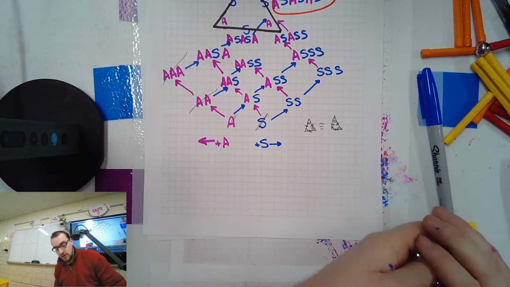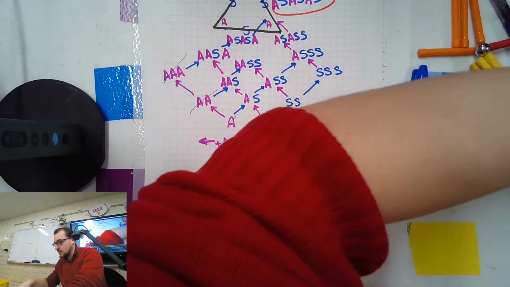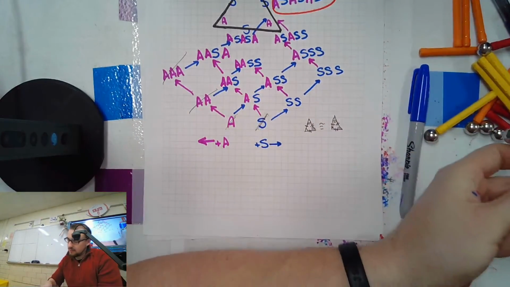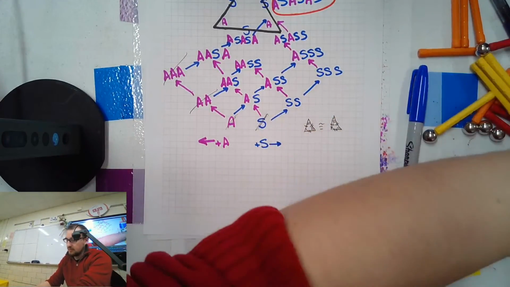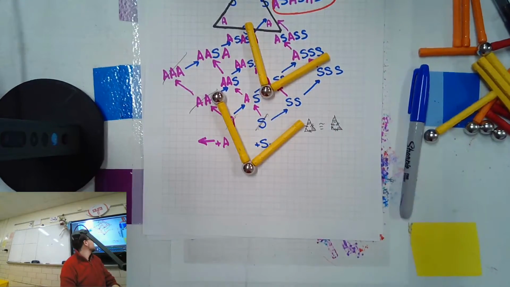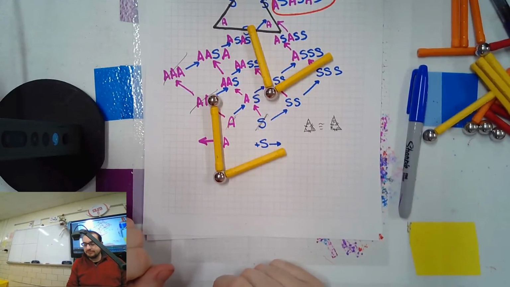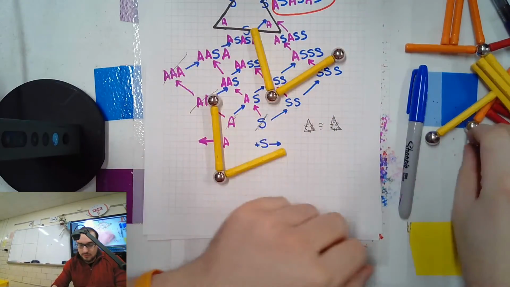So if I were to check this one right here, sides the same, right? These triangles both have two sides that are the same. Is that enough to prove that these triangles will be congruent? Well, no, right? Let's check it out.